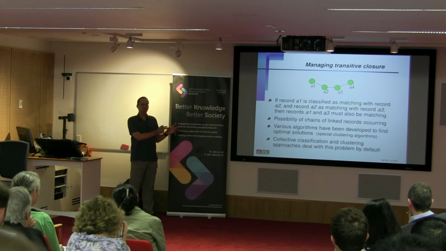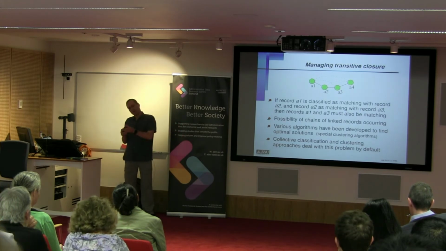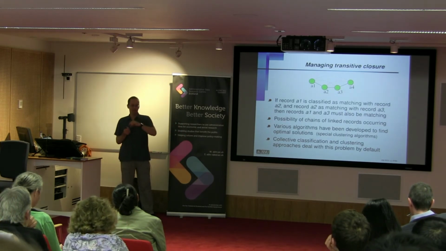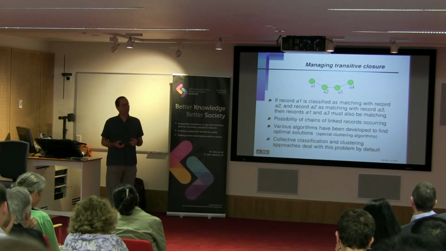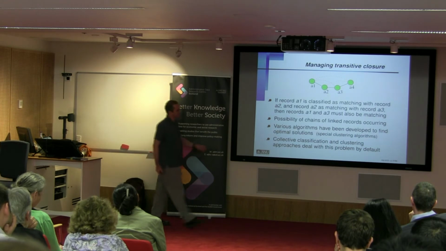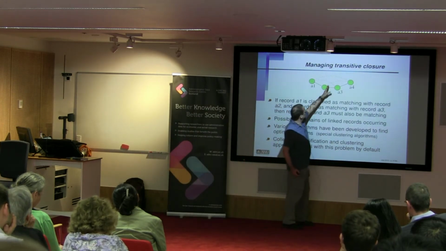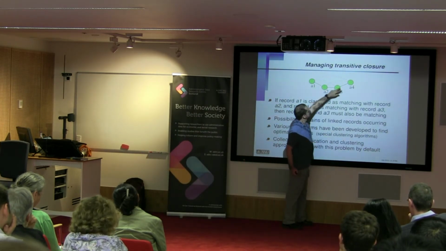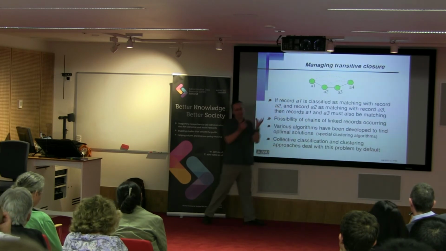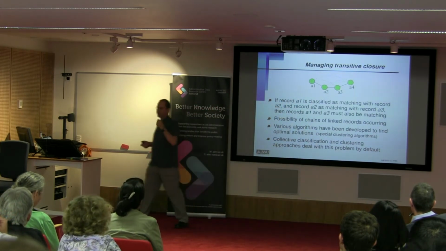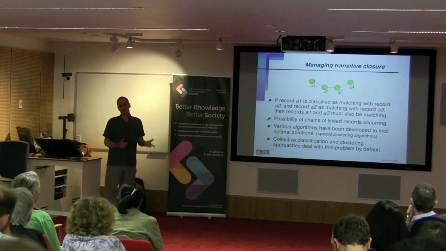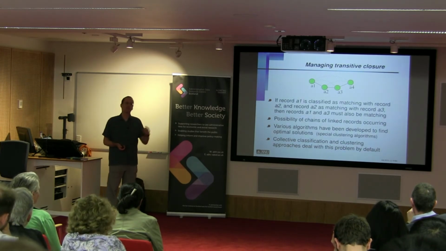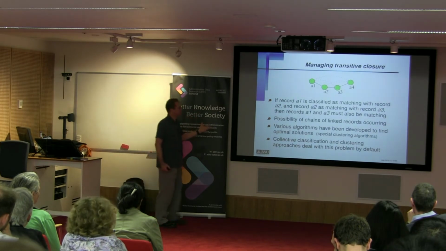So the pairwise Fellegi-Sunter linkage has been done, and then another algorithm has looked at how we now make the result consistent by either breaking links, like these ones here, or deciding everything is a link in a cluster, right? Every pair of records in a cluster is about the same person. The nice thing is with collective techniques, they do this by default. That's the whole design of these algorithms.